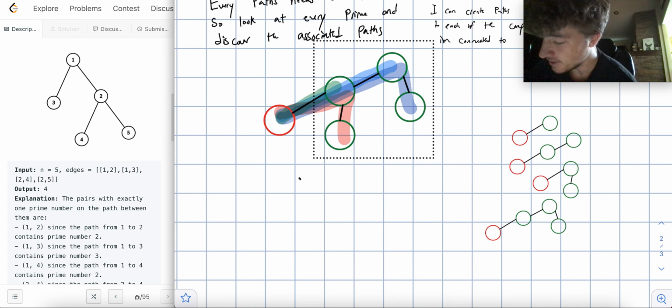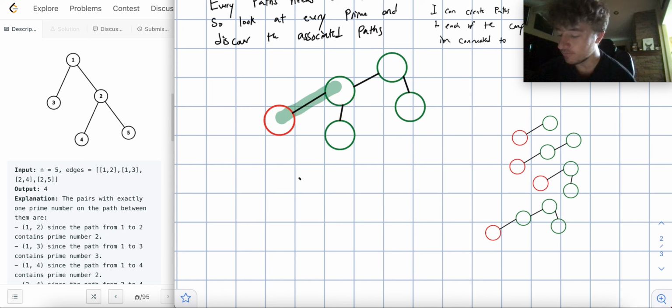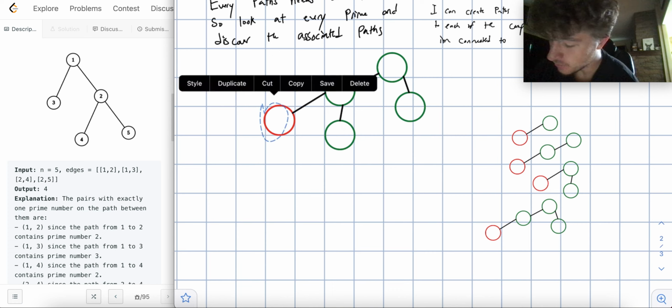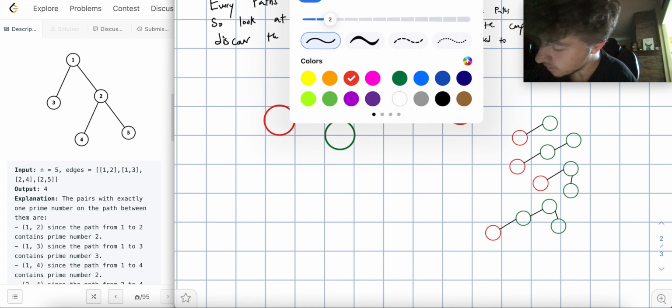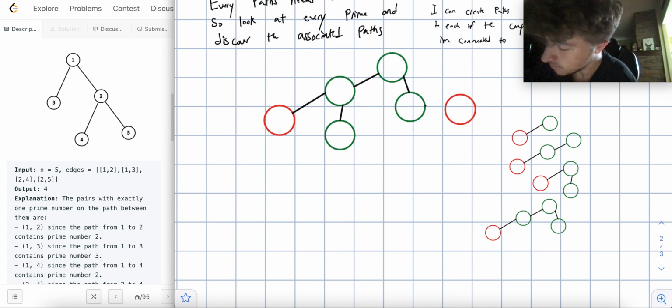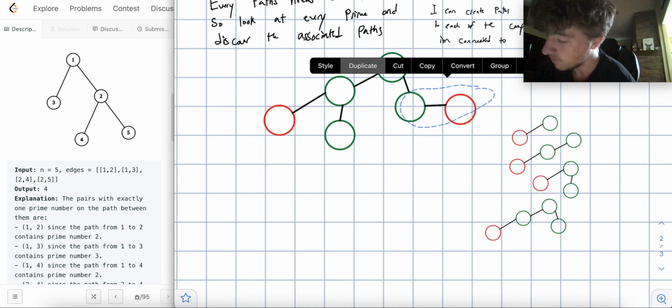So there's that case. What if we added another one of these prime numbers arbitrarily, right? So if I put another prime here and I connected it, well, they can share the nodes. But it's the same thing here, right? I can create a path for this as well now.